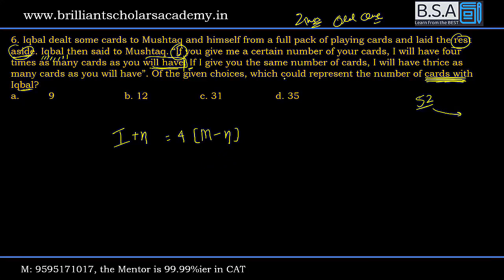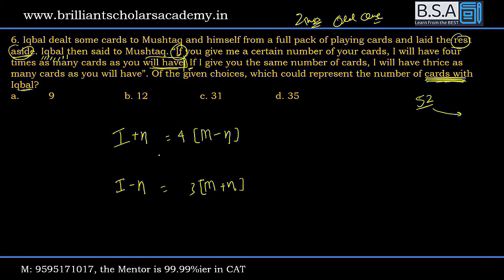If I give you the same number of cards, Iqbal will have fewer and they will be added towards Mushtaq. If I give you the same number of cards, I will have thrice as many cards as you will have. Now I am trying to find out how many cards are there with Iqbal or with Mushtaq. So I don't want the value of n. What I will do is try to cancel n.